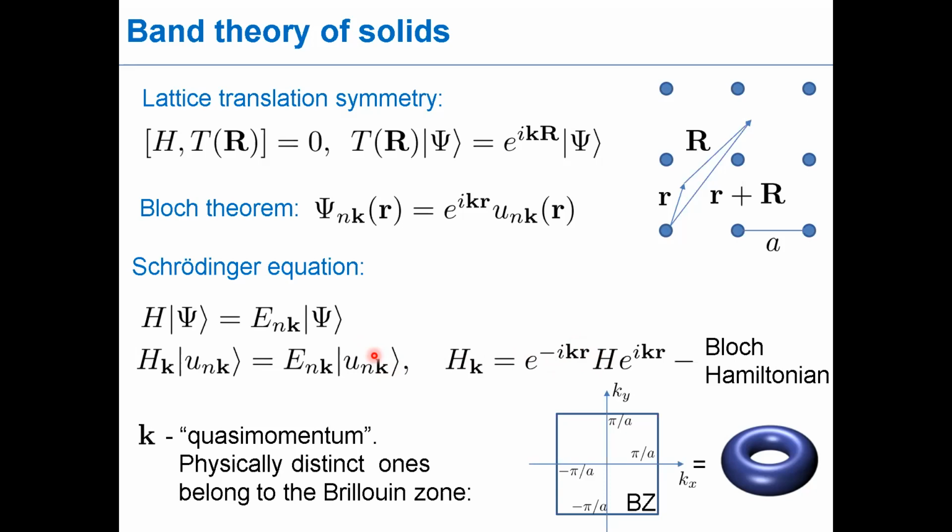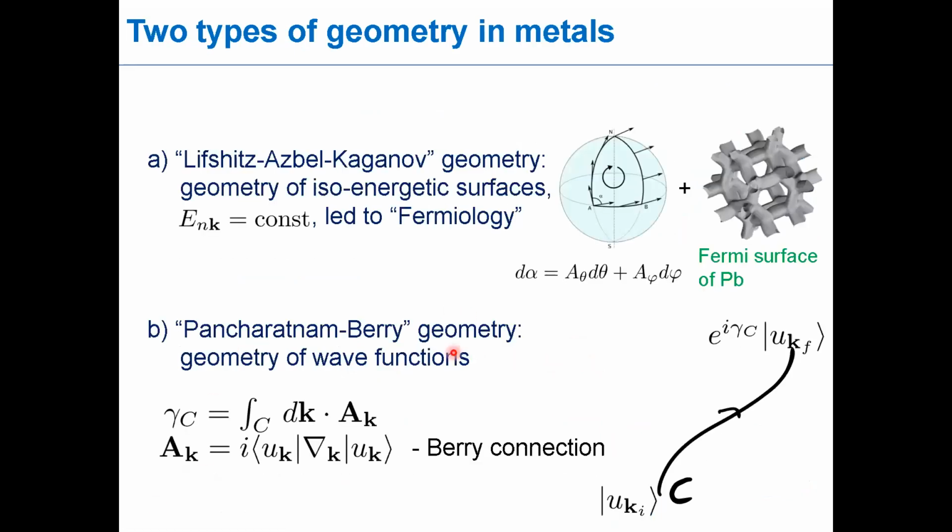We get the information about the spectrum, we get the band structure, and we get the information about, as I said, wave functions, right? And in principle, all the information we can extract at the single particle level. Okay, so this knowledge of the band structure in principle leads to two types of geometry in metals in particular.